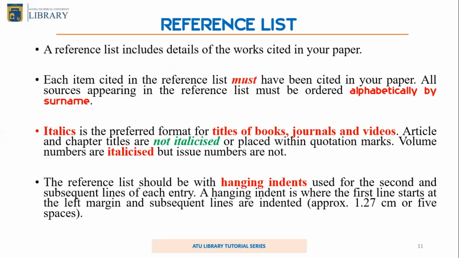Where the article is coming from, that is the journal, must also be italicized. Now, article and chapter titles are not italicized. So take note. The title of an article is not italicized, but rather the journal that the article is coming from is italicized. Now, volume numbers are also italicized, but issue numbers are not.